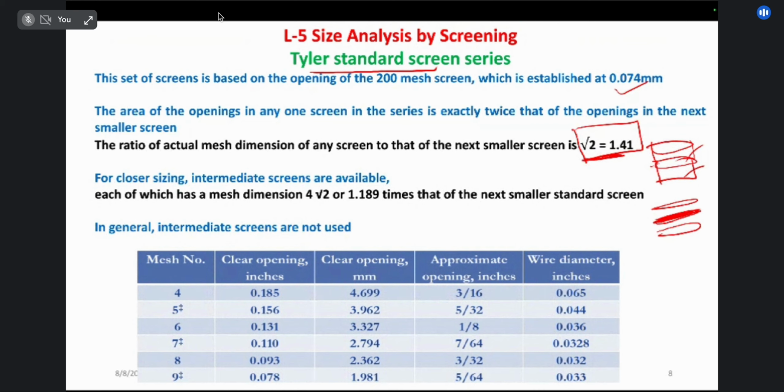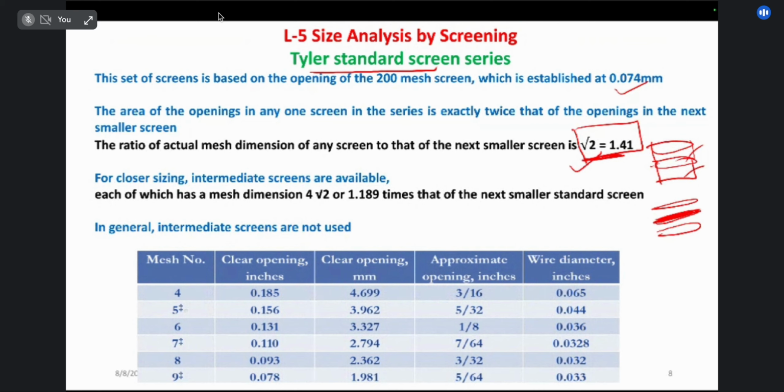But generally, in operations we do not follow these intermediate screens. Only high-level experimental analysis requires this calculation; generally you need to focus that the dimension ratio of consecutive Tyler screens is always √2.